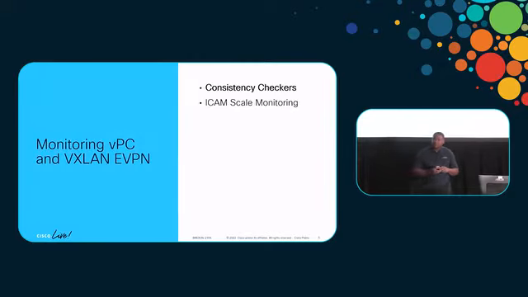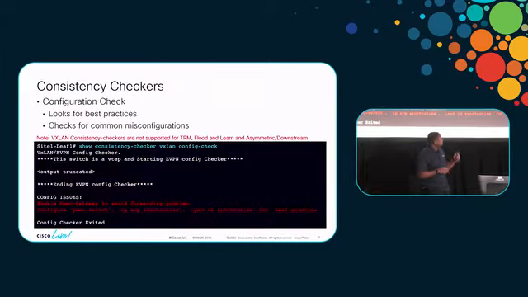So our first tool for review is going to be our consistency checker. Let's assume we're in a scenario where we suspect that the VXLAN fabric may be contributing to some sort of packet loss that we're seeing, and we'd like to get a head start on our investigation. Well, that's where our consistency checkers come in. So, like most network issues, the first thing we'd like to rule out is a possible misconfiguration.